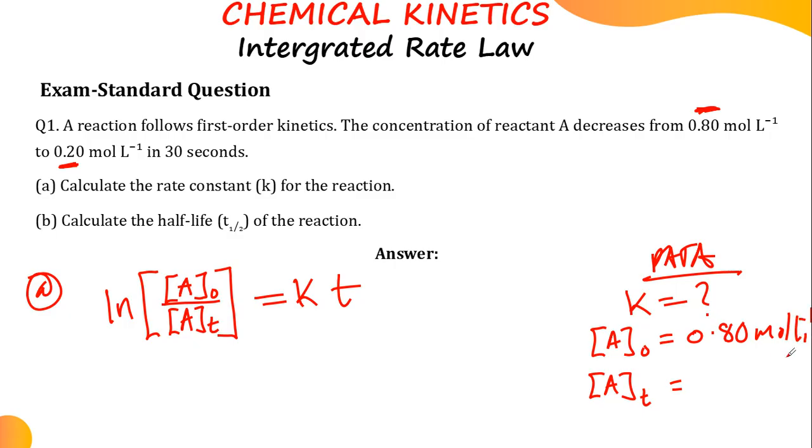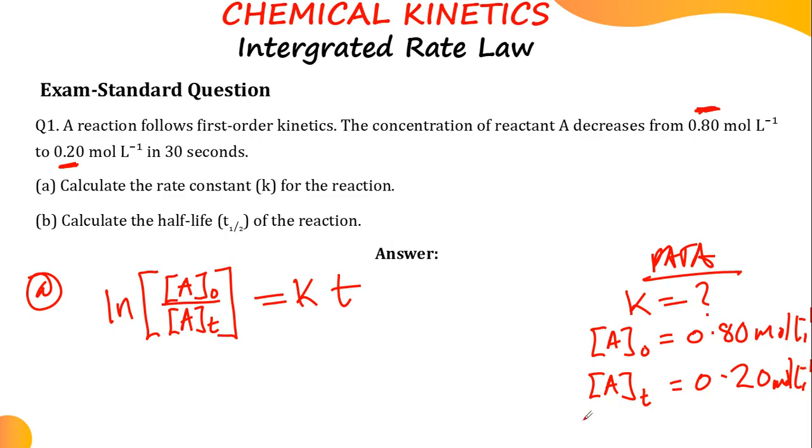And then this one became the final concentration. From there to this, in 30 seconds. So this t, you can take it to be 30, because the time has been given. At t, the concentration is 0.20 mole per liter.